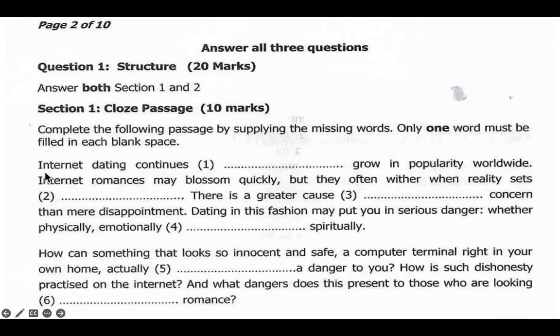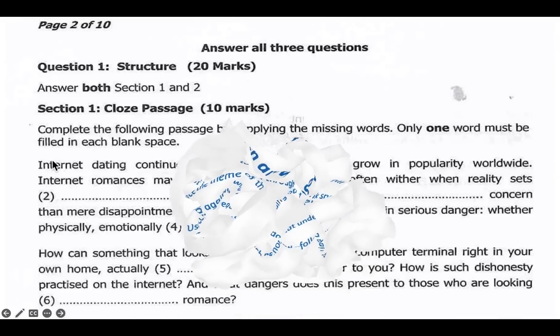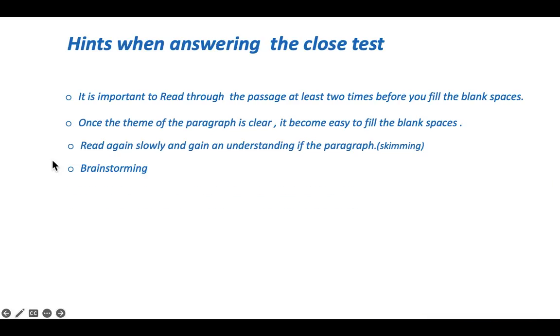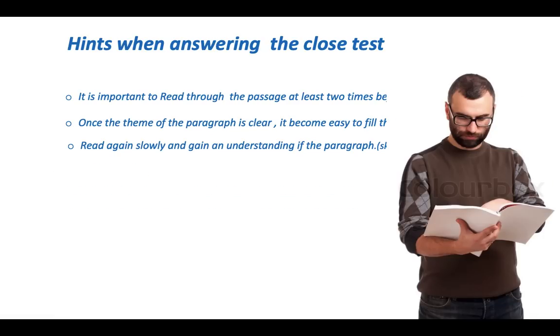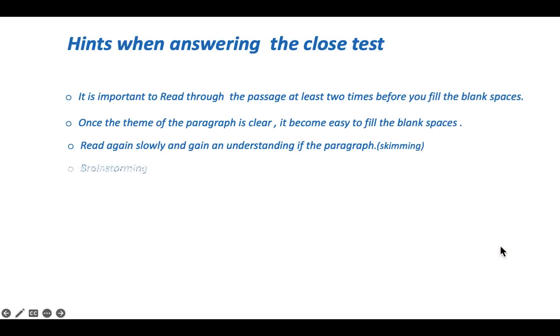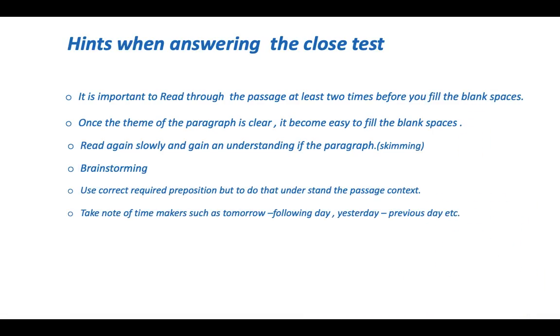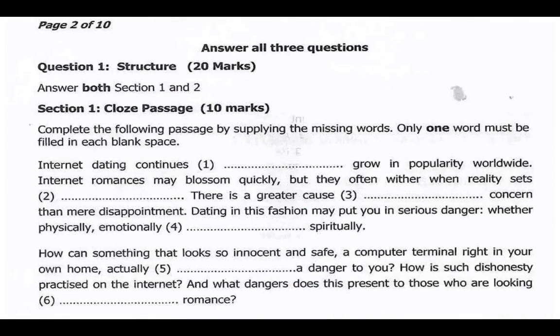Now we go through again. Remember that we have to go through again. We read slowly, we read again slowly and understand the paragraph. So let's go back again. We read slowly. Now we begin.